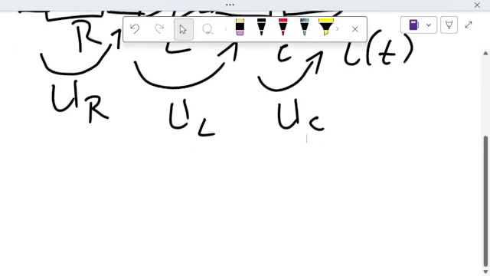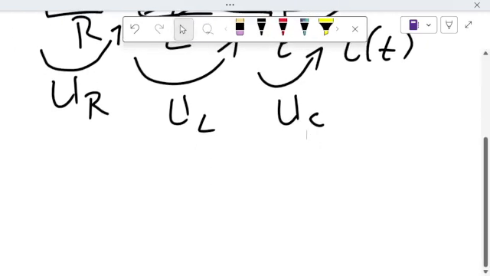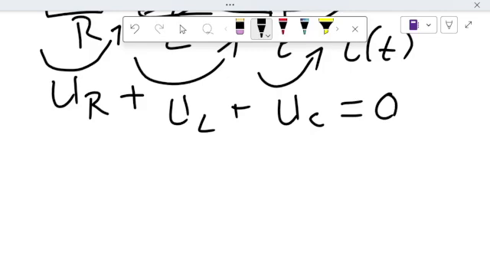So we can add this and put 0, just as an example. The first is very easy.